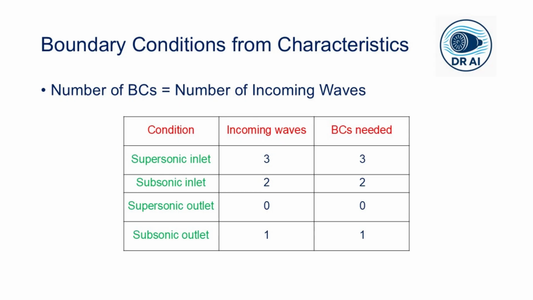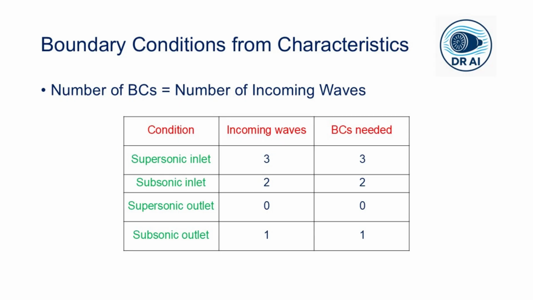If we have a subsonic inlet, we have two incoming waves along with two boundary conditions. If we have a supersonic outlet, we have zero incoming waves, so zero boundary conditions are needed, and everything is extrapolated. Lastly, for the subsonic outlet, where the Mach number is less than 1, we have one incoming wave, so we need one boundary condition, the back pressure.